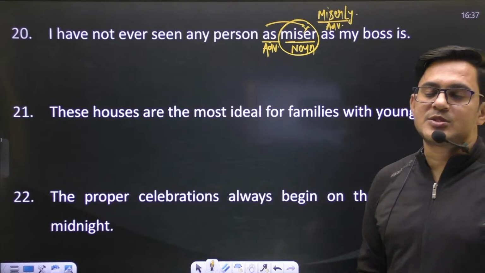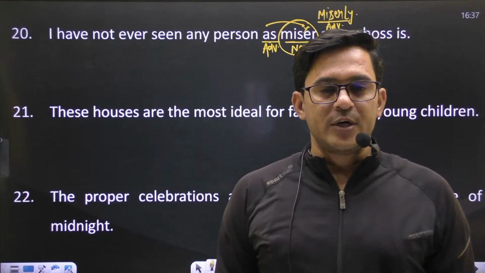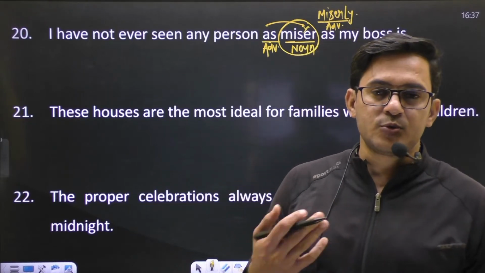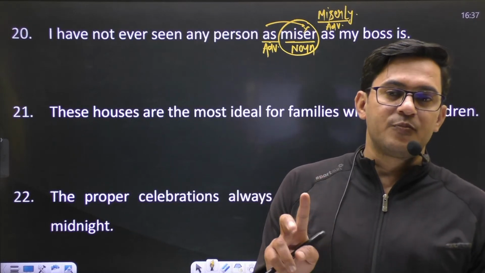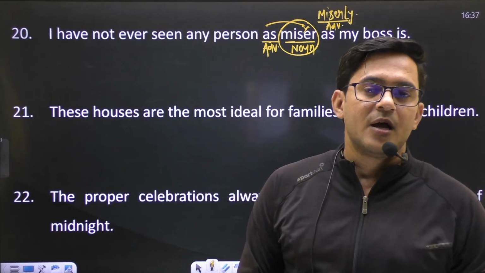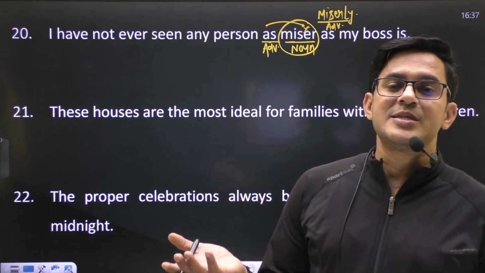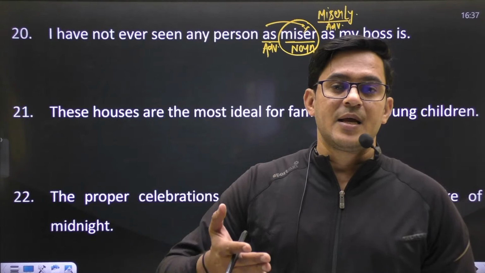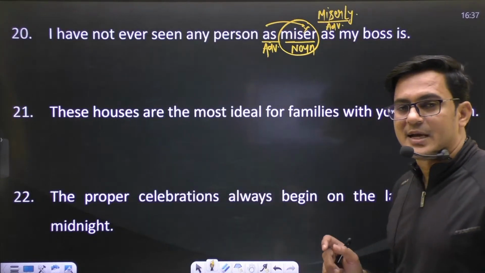The word miser is a noun, meaning a stingy person. Miserly is an adjective, meaning stingy. And for the adverb, you can say in a miserly manner, or like a miser.